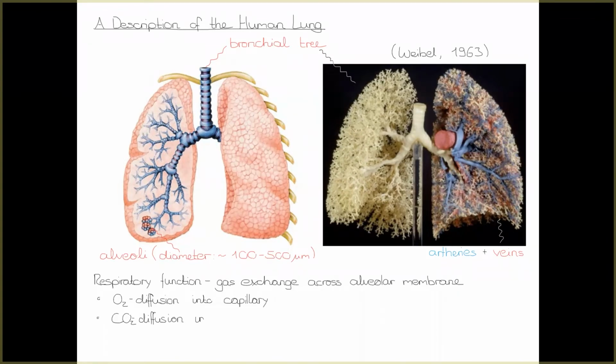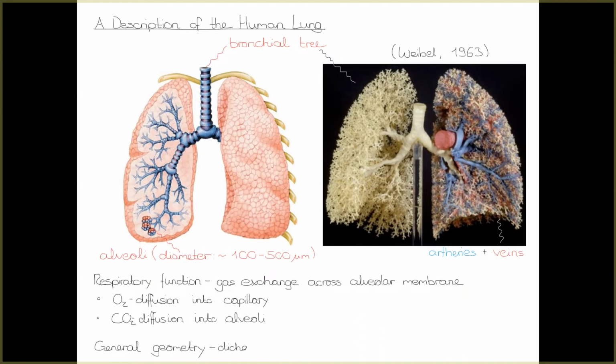There is oxygen diffusion into the capillaries, and CO2 diffusion into the alveoli. So the products of the chemical reactions of metabolism get taken out of the system.